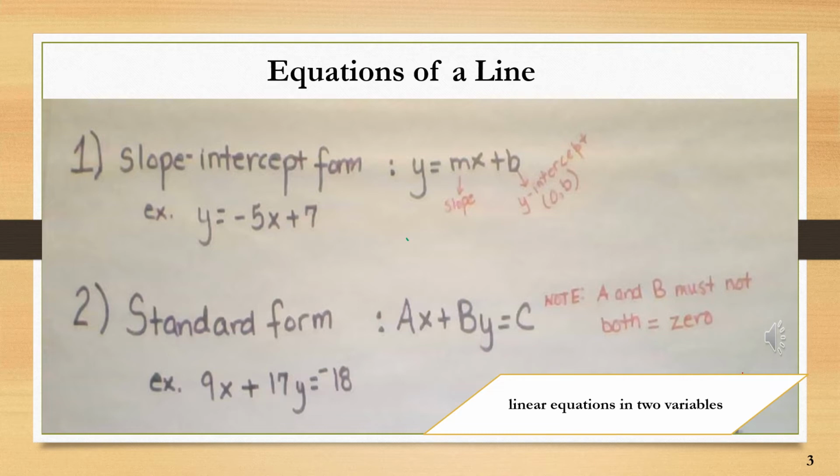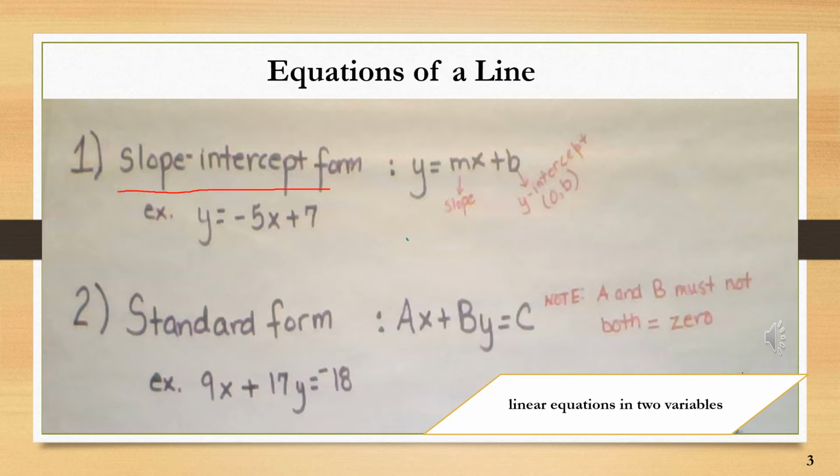Okay, as I mentioned previously, the equation of a line can be written in several different forms. And here are two familiar forms. The slope-intercept form, we say it's y equals mx plus b.